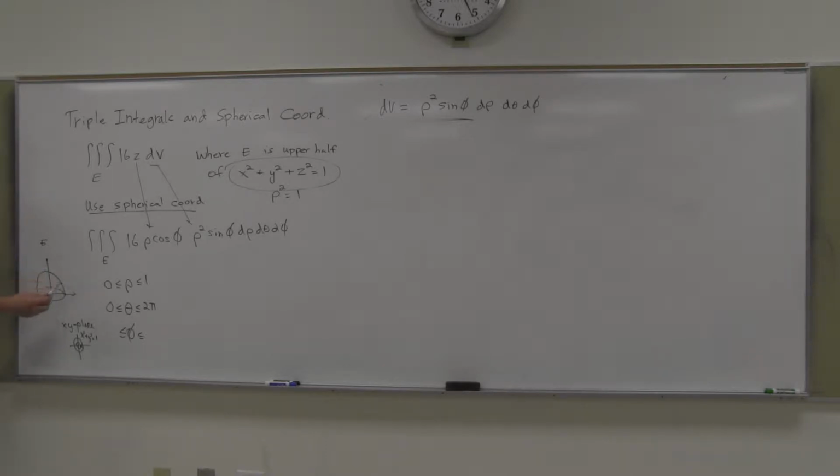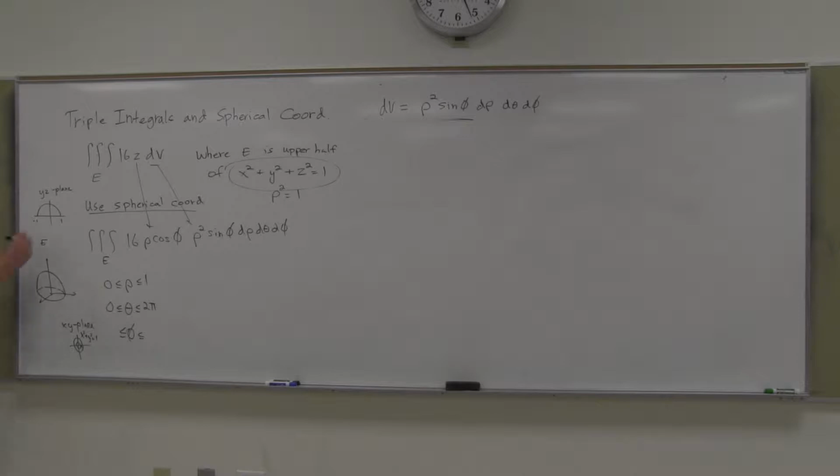One way to think of it, if you look at the yz plane, we would just have the top half of a radius 1 circle.